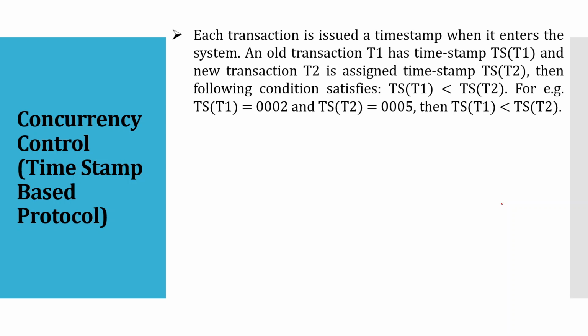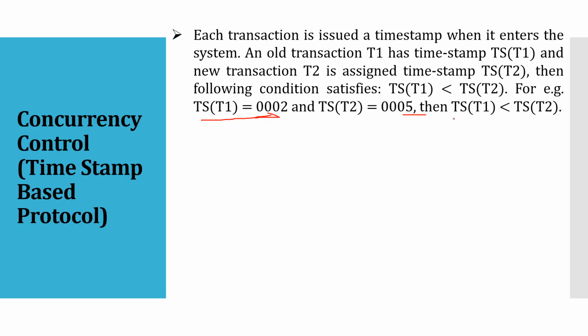And the old transaction T1 has a timestamp TS of T1, and the new transaction has a timestamp TS of T2, and the following condition must be satisfied in the timestamp based protocol. The condition is that the old transaction's timestamp will be less than the new transaction's timestamp. That is for sure. You can see here in this example that the timestamp of T1, the older transaction, is 2, and the timestamp of the newer transaction is 5.